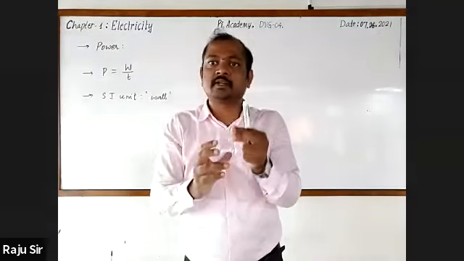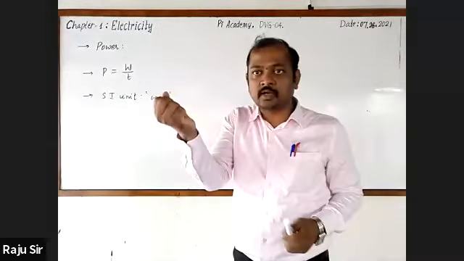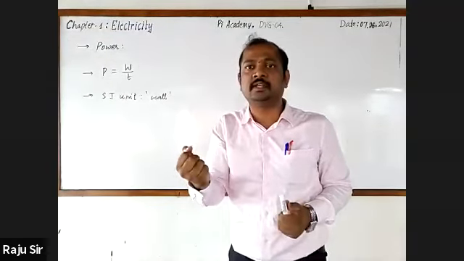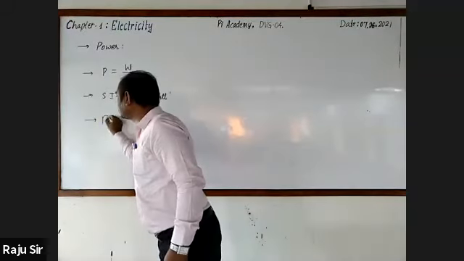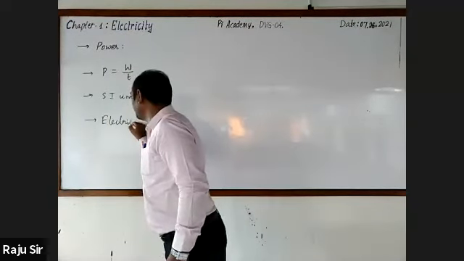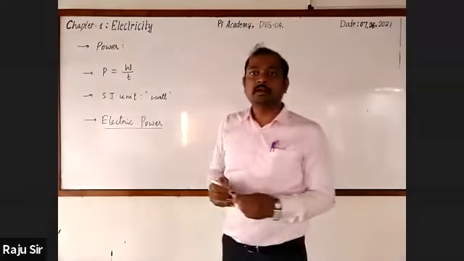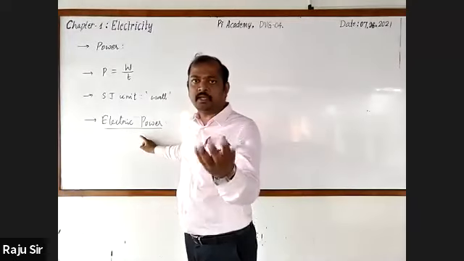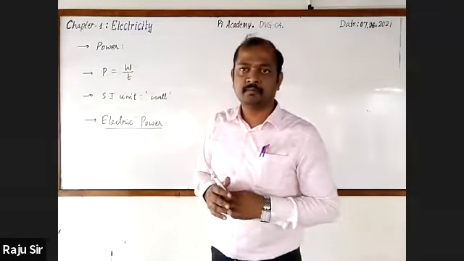The rate at which the electrical component consumes the electrical energy is called electric power. Once I repeat, the rate at which electricity is consumed by an electrical component is called electric power.